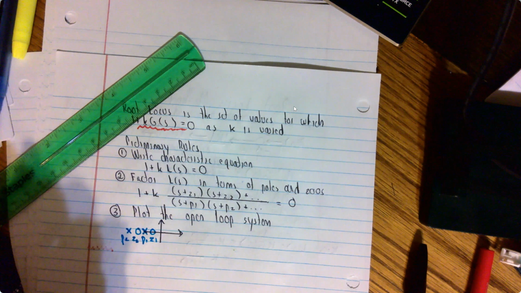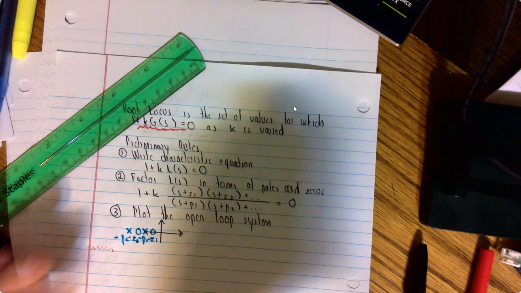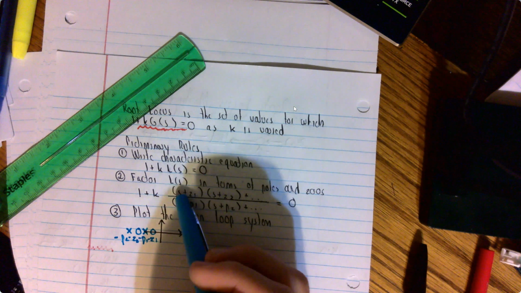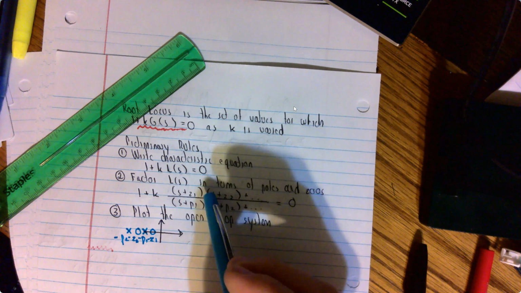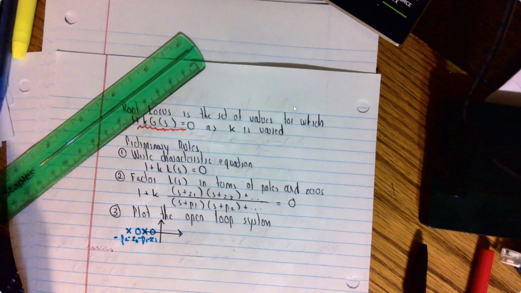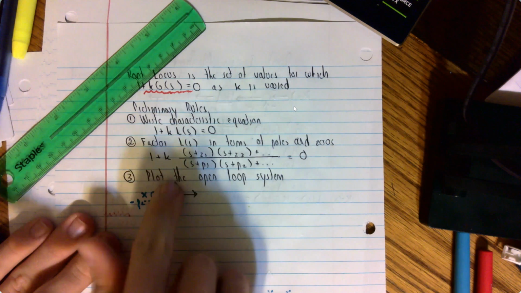And remember, these are actually at negative z1, because s plus z1, when you set it equal to 0, s is equal to negative z1, and then s plus z2 equals 0, s is equal to negative z2, and so that's why. Those are all the preliminary rules, so just write it in here.